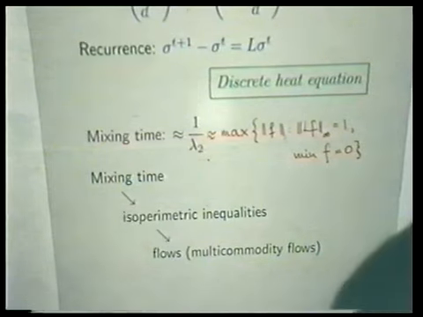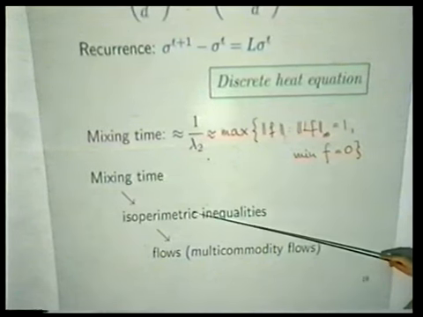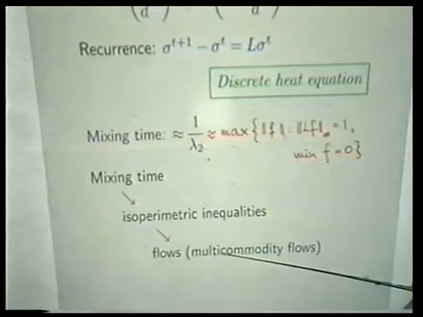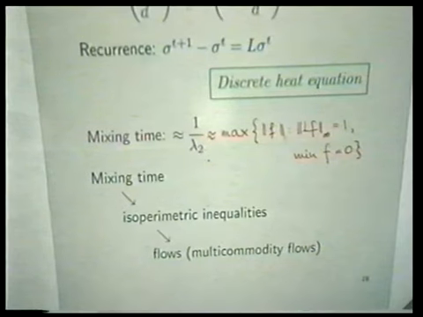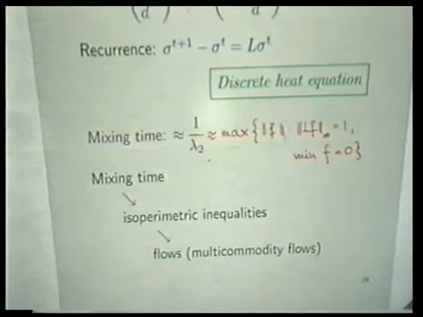And there is a standard procedure which, to estimate the mixing time, reduces it to isoperimetric inequalities. And then you have to prove these isoperimetric inequalities. And in analysis, you prove isoperimetric inequalities by using flow theory. And that's, again, a mixture of continuous and discrete mathematical ideas.